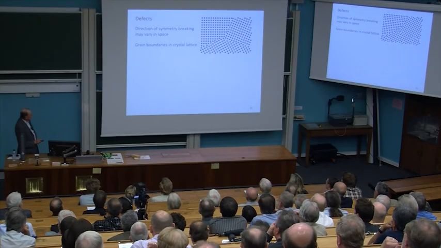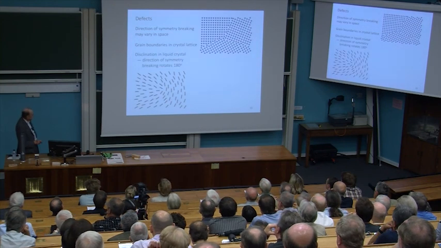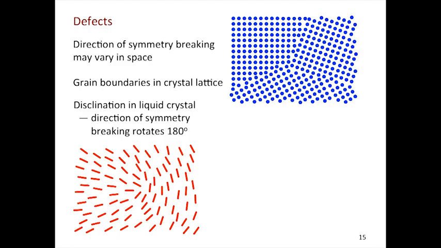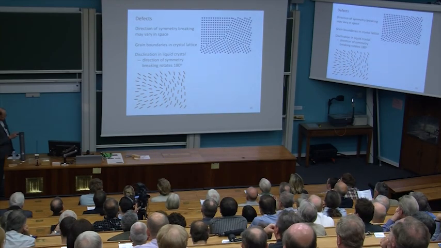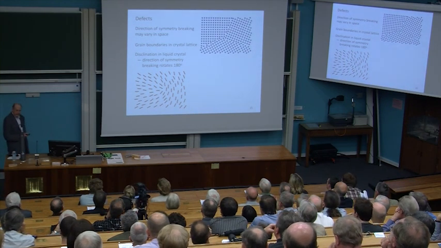A very interesting example is again in a liquid crystal. This is called a disclination. The defect is actually linear in this case. You have to think of it as coming out of the plane of the picture. And the point is that as you go around this, the direction of the molecules rotates by 180 degrees.